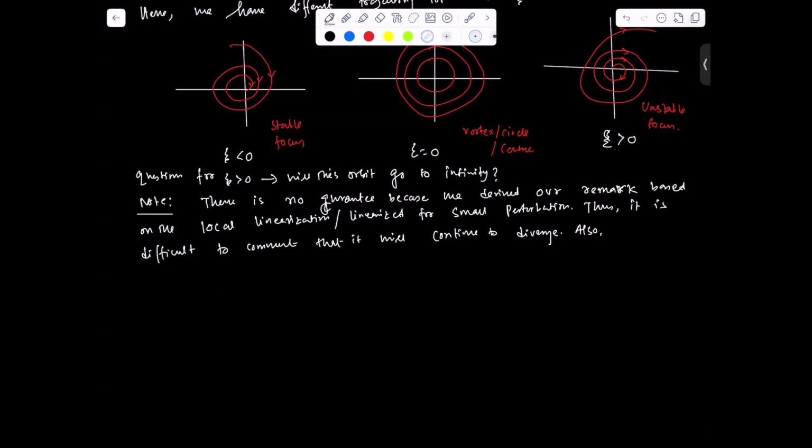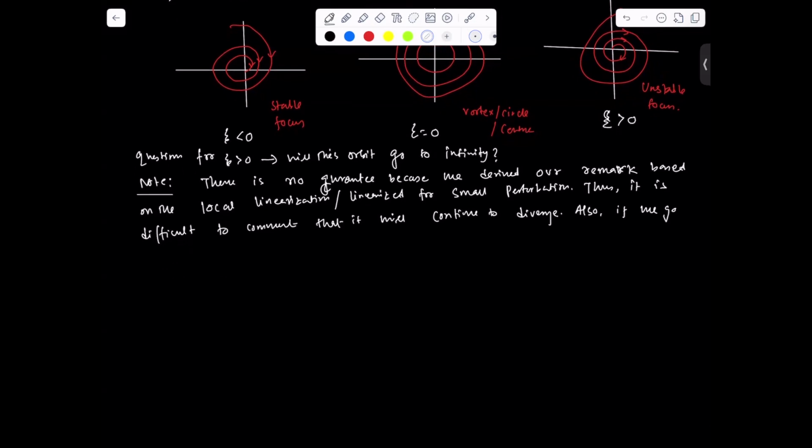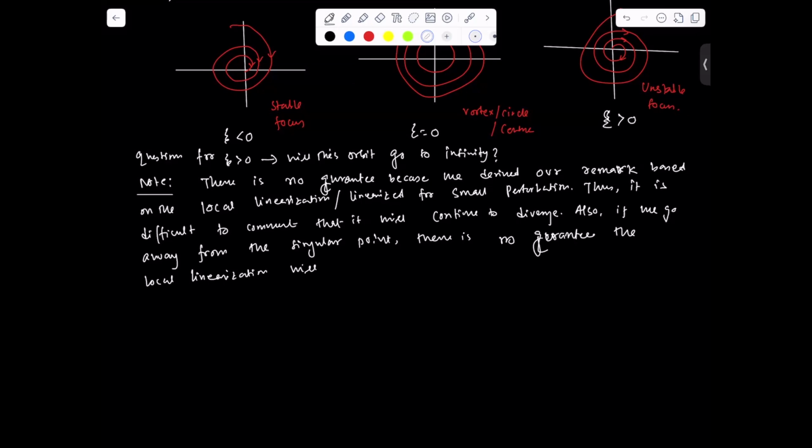Also, if you go away from the singular point or equilibrium point, there is no guarantee the local linearization will be valid.